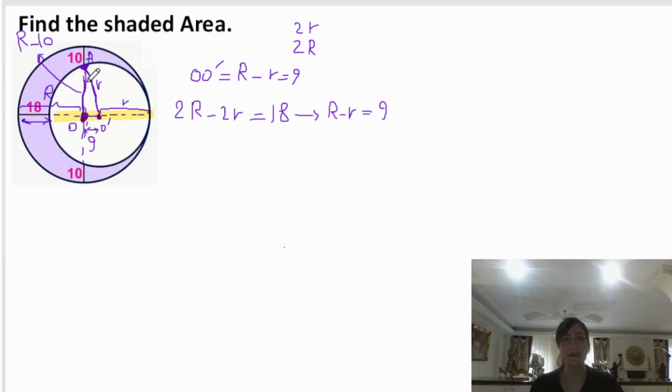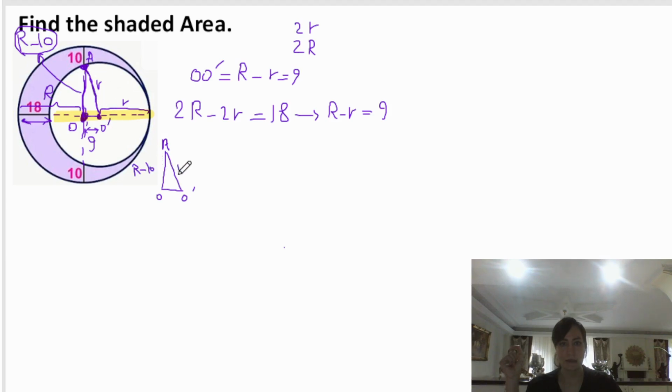And we see O prime creates a right angle triangle. Let me draw it here. It's O, O prime, and my A. As I said, AO equals capital R minus 10.